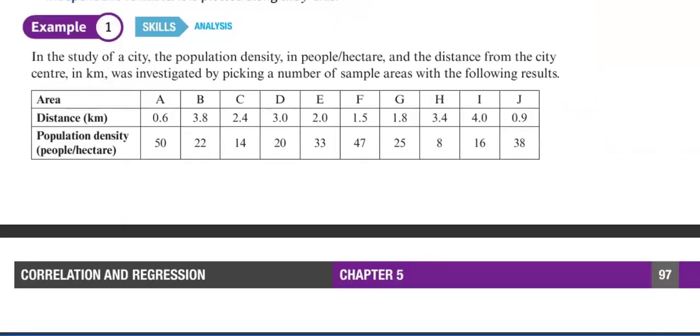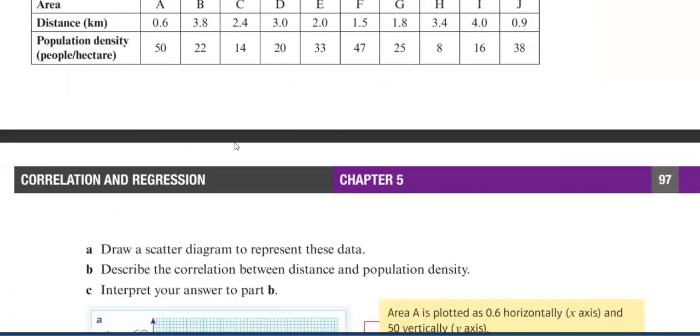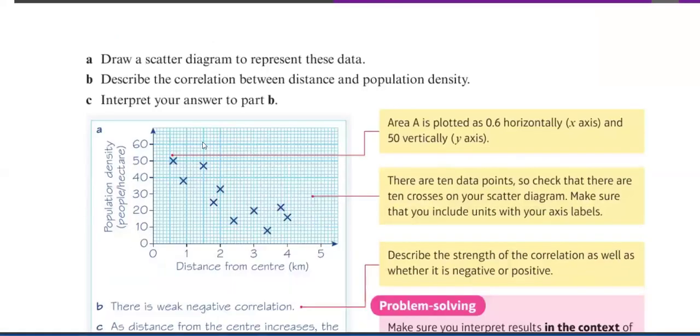We can consider example 1. Areas A, B, C, D, E, F, G, H, I, J, with distance, 0.6 like that. Population density means people divided by hectare. We can plot a graph using this. Distance from the center on the x-axis is the independent variable.